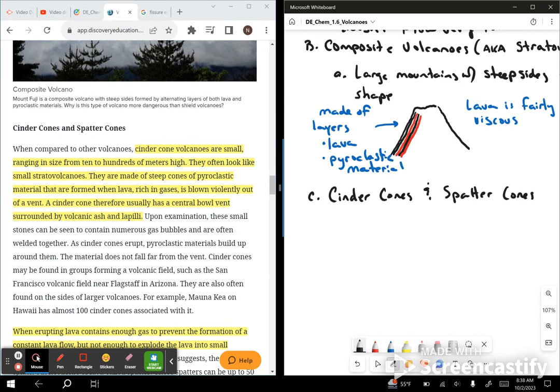So we can say here, cinder cones, small, often look like stratovolcanoes.